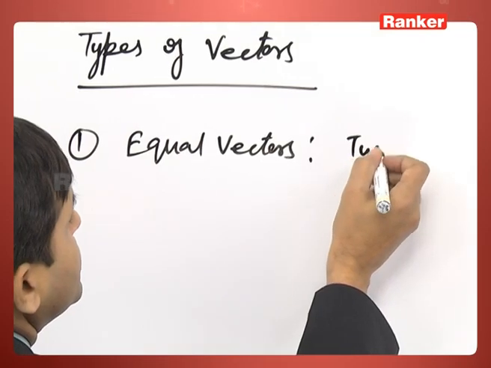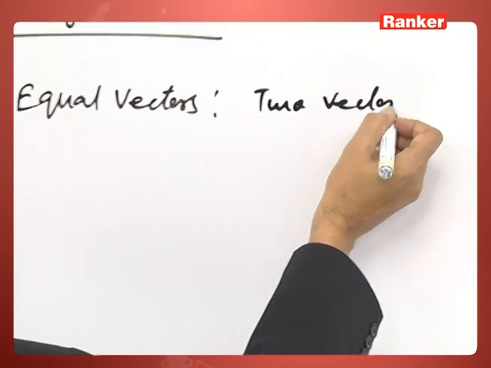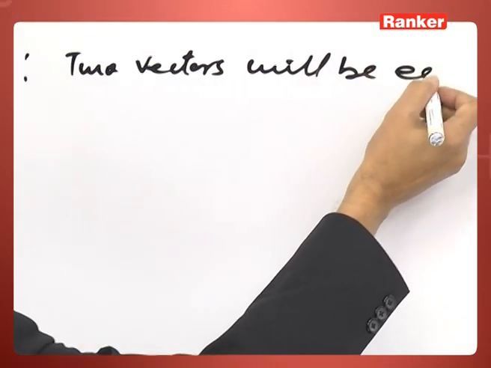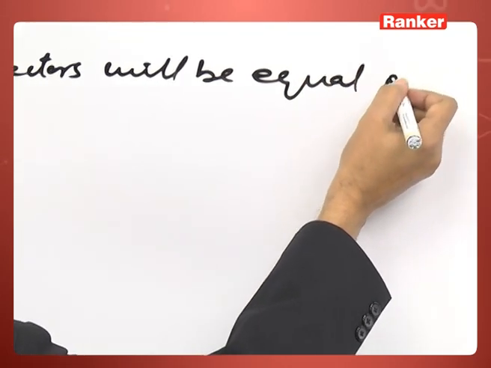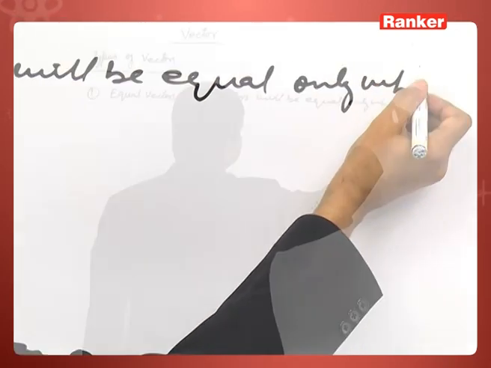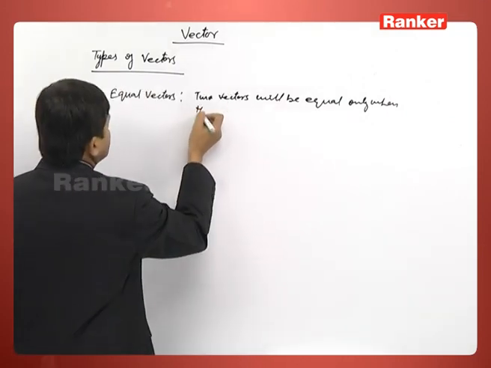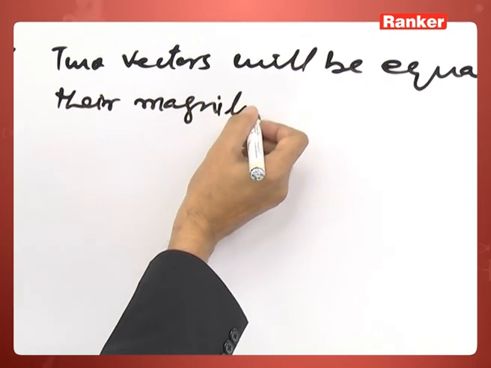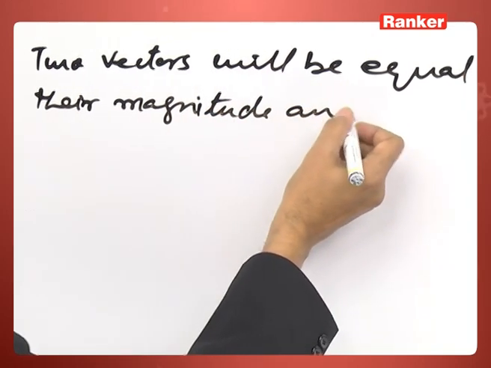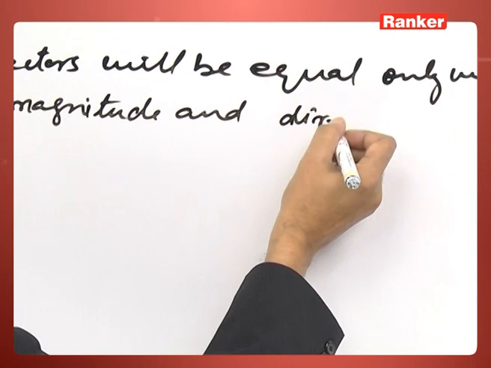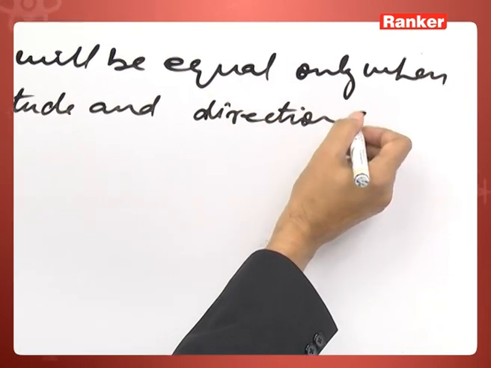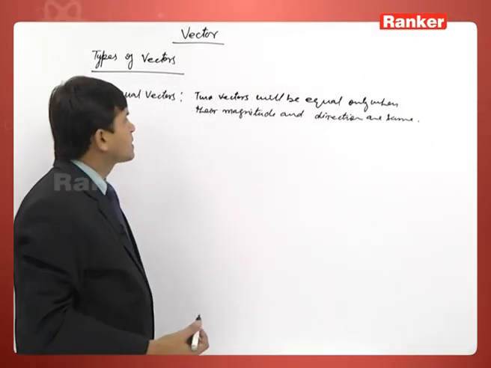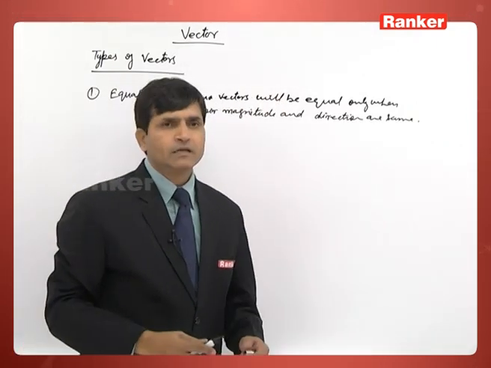So, two vectors will be equal only when their magnitude and directions are the same.